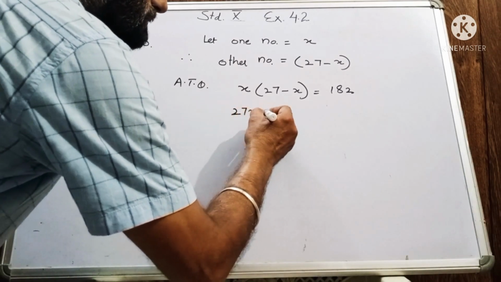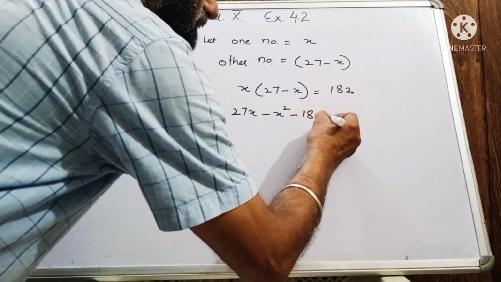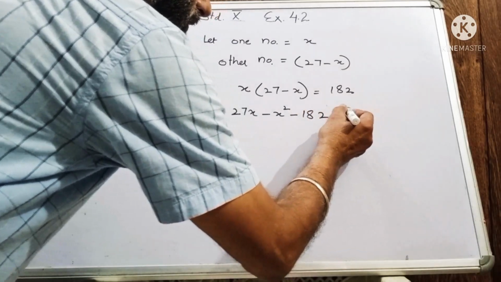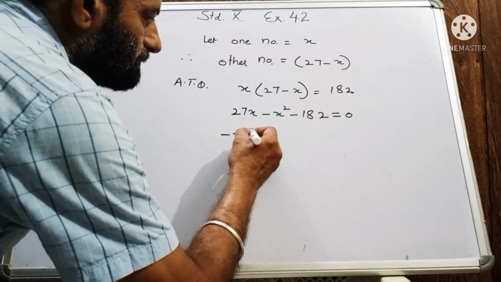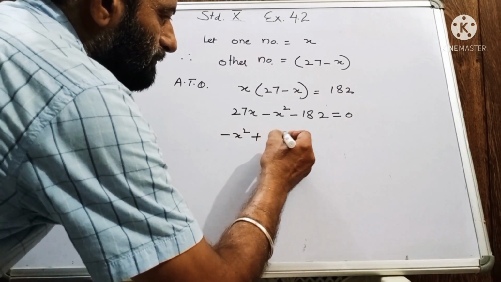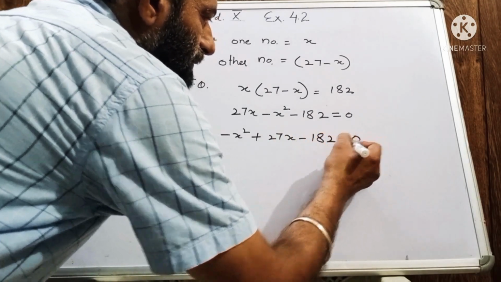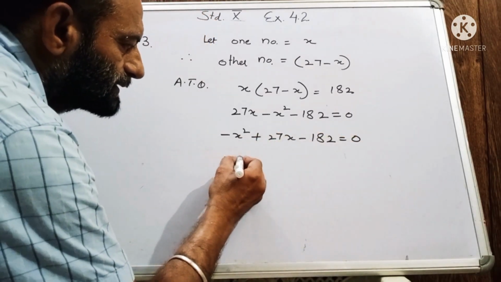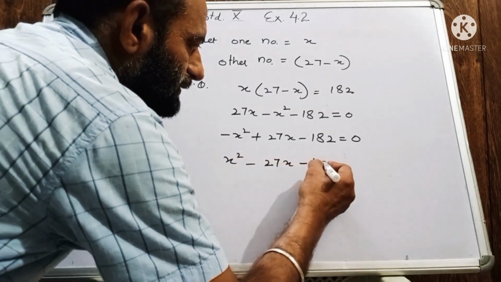27x minus x square minus 182 is equal to 0. Now we will write it in the proper order. Minus x square plus 27x minus 182 is equal to 0. You can multiply it by minus 1. It will become x square minus 27x plus 182 is equal to 0.